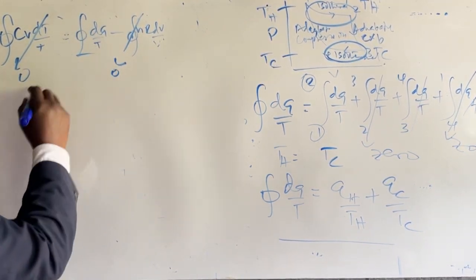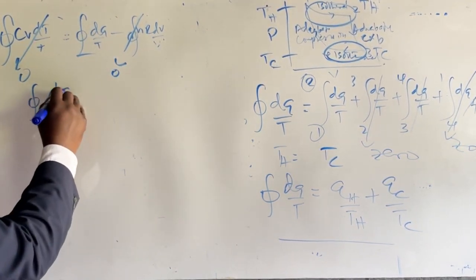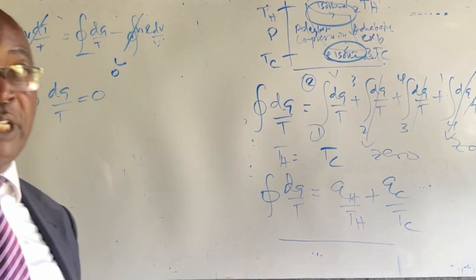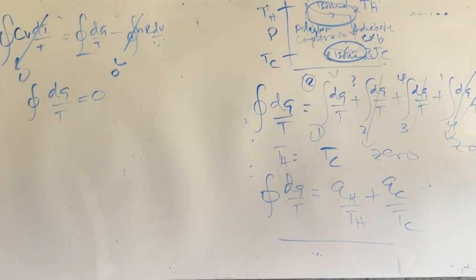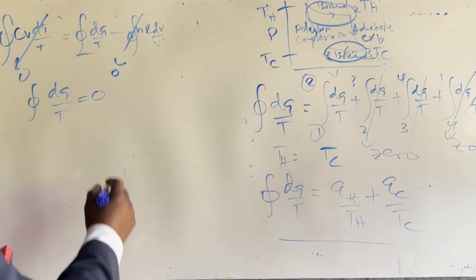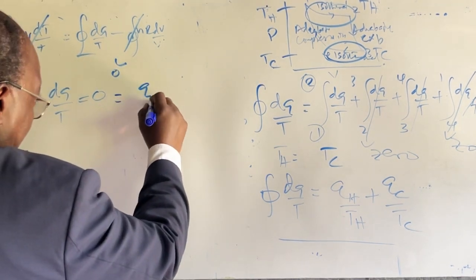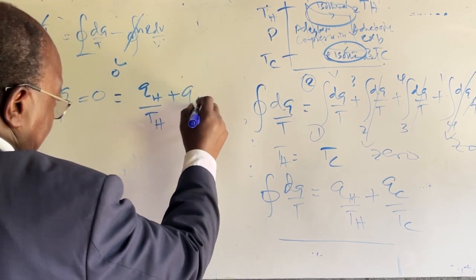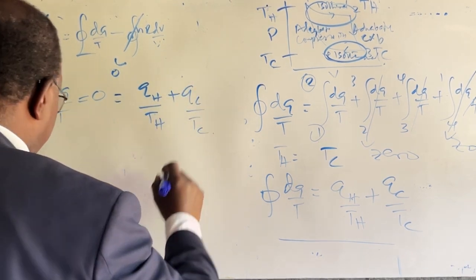So what we are saying is that the cyclic integral dQ over T is equal to 0. So it means that is equal to QH over TH plus QC over TC.